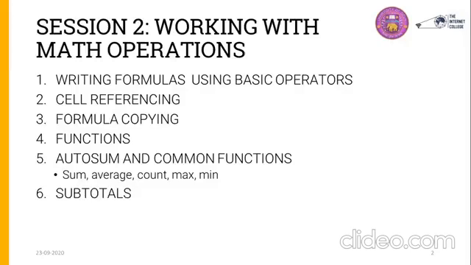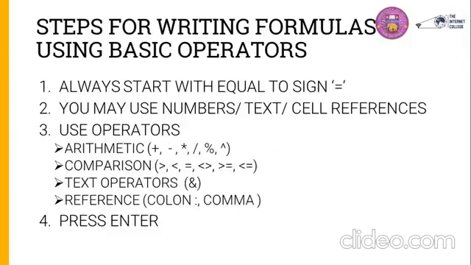So let us begin with the first topic, which is writing formulas using basic operators. Now, what are formulas? Dear friends, you already know that a formula is an expression which performs a calculation. So for example, if I want to add 2 numbers, then I will use a formula to add them. So maybe if I want to add 2 plus 3, then I will write 2 plus 3 and add those numbers.